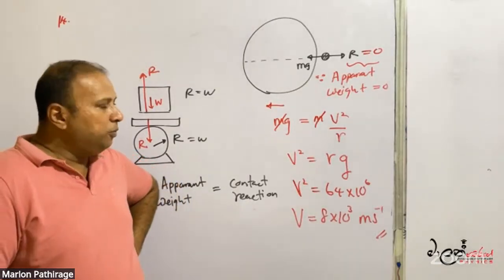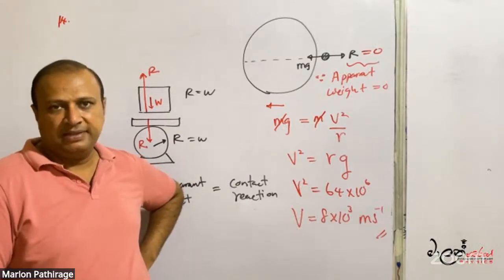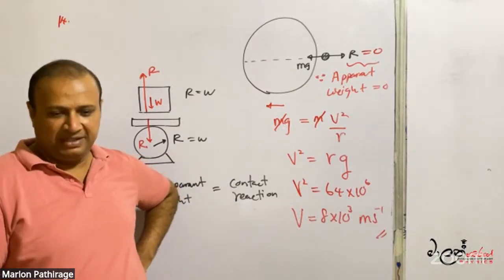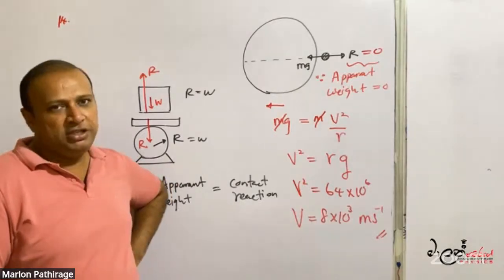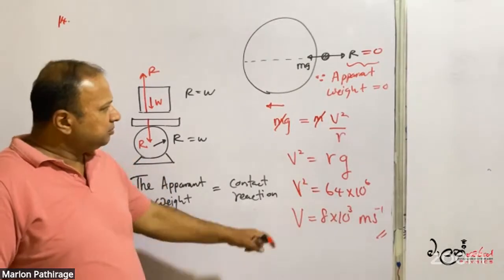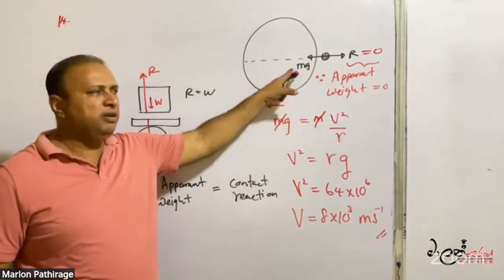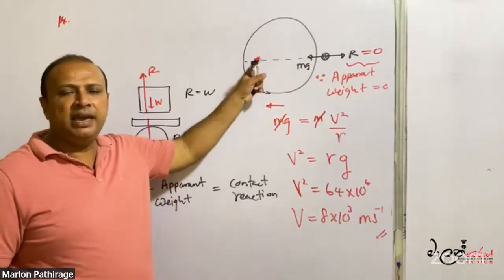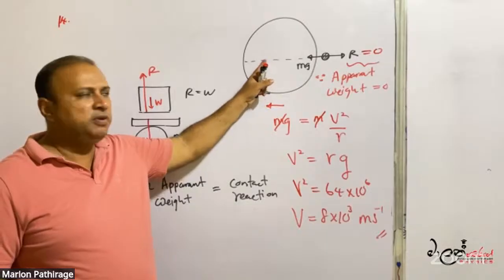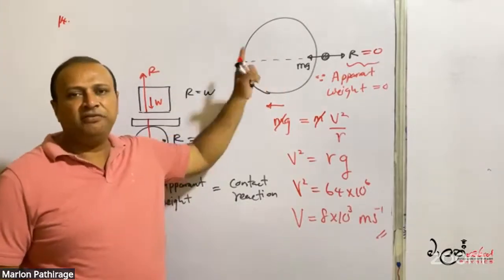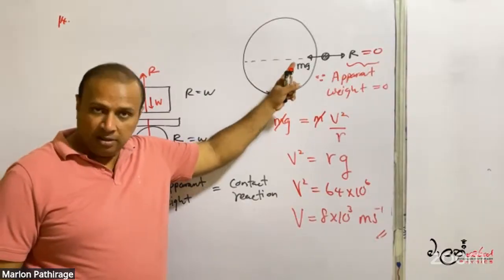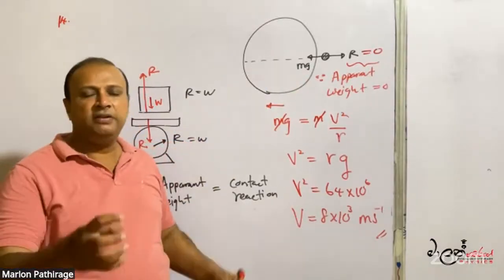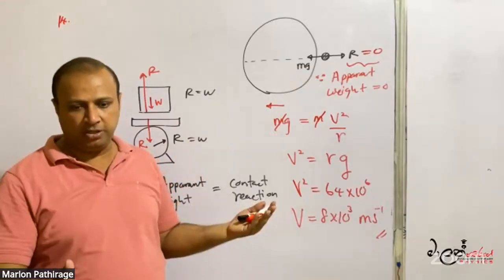Not the weight, the apparent weight. The apparent weight can be changed. Weight means mg. Mg means the attraction force between the earth and the object.